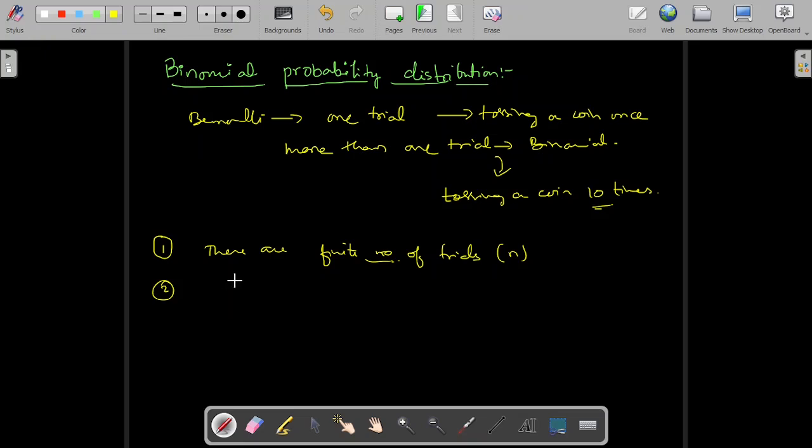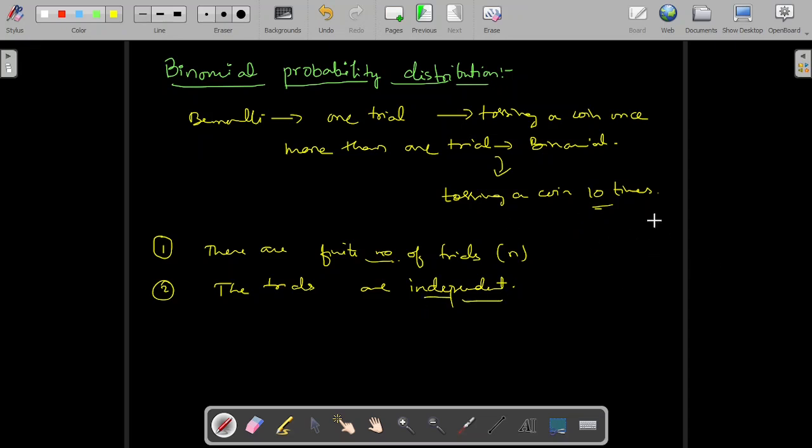The trials must be independent, meaning the (i+1)th trial should not depend on the ith trial. For example, in tossing a coin 10 times, every toss is a fresh toss. It doesn't change the probability of success. Such trials are independent trials.